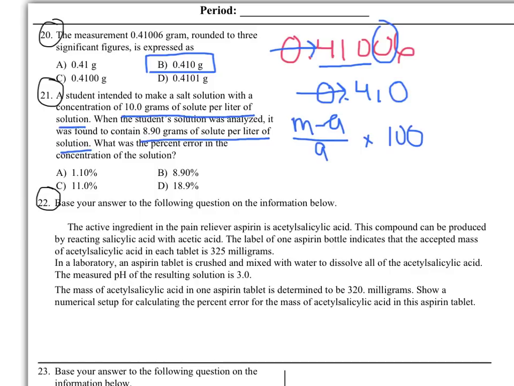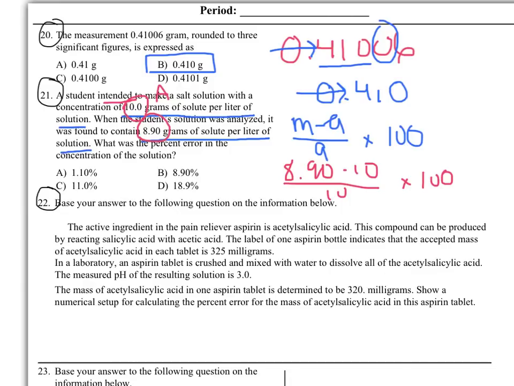Here, since the student intended to make a solution that is 10 grams of solute per milliliter of solution, this is going to be our accepted value, while the value that the student actually measured, 8.90, is going to be the measured value. So to calculate the percent error, we're going to take 8.90 minus 10 divided by 10 times 100.